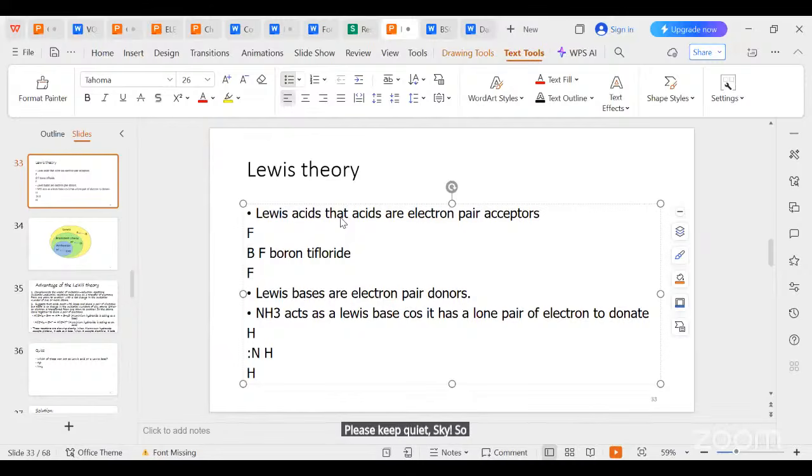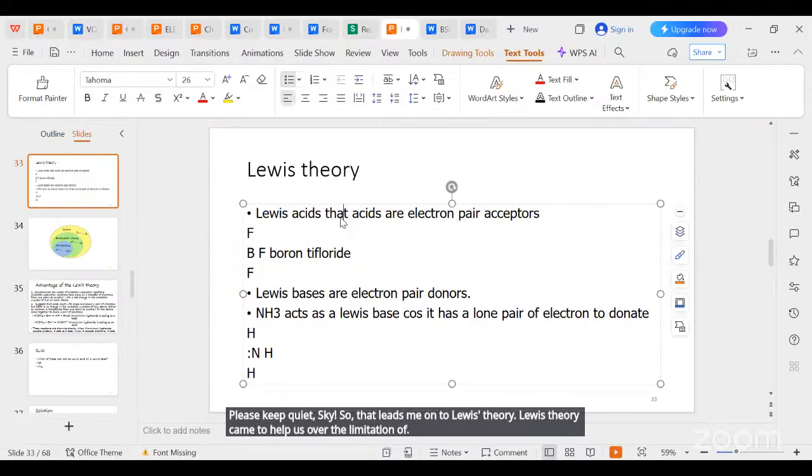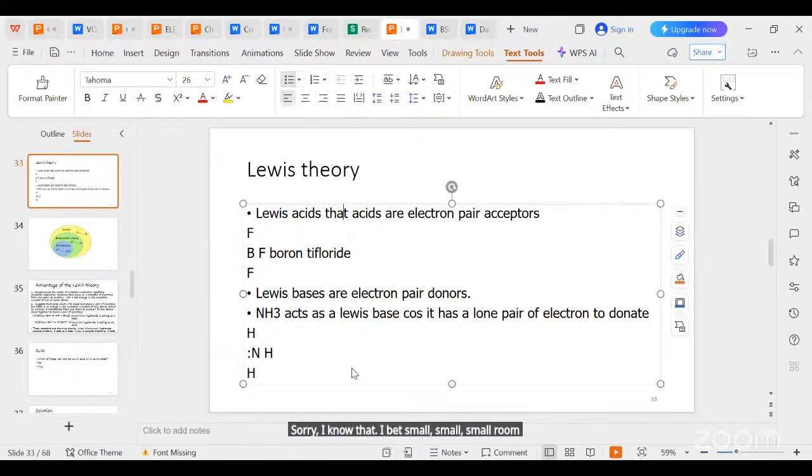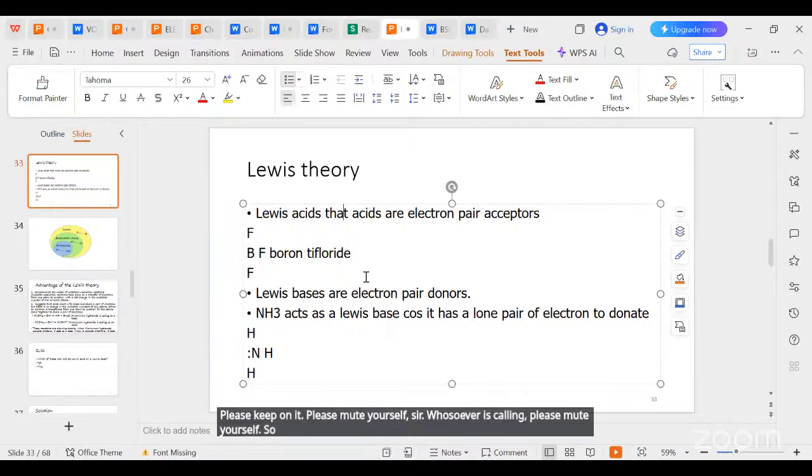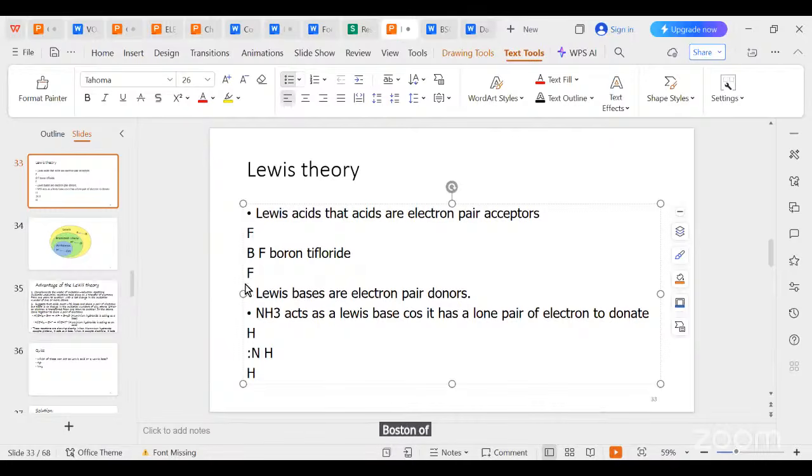So that leads me on to Lewis theory. Lewis theory came to help us overcome the limitations of the Brønsted-Lowry theory.